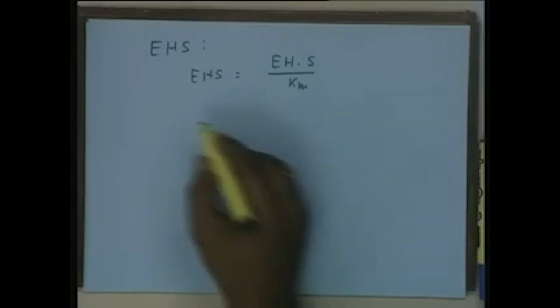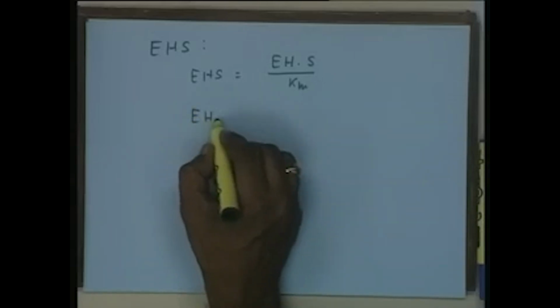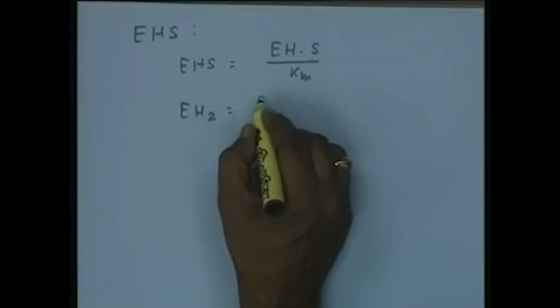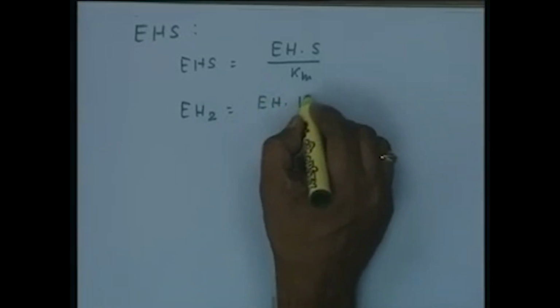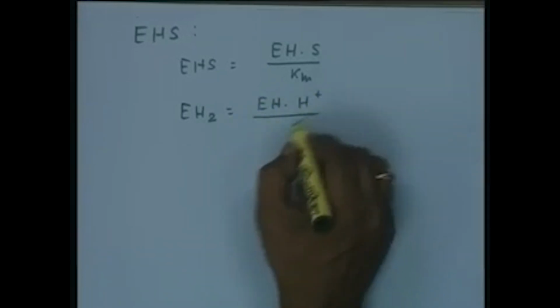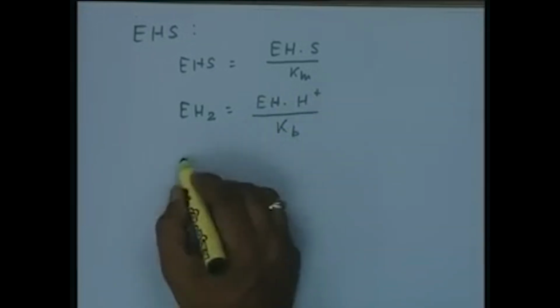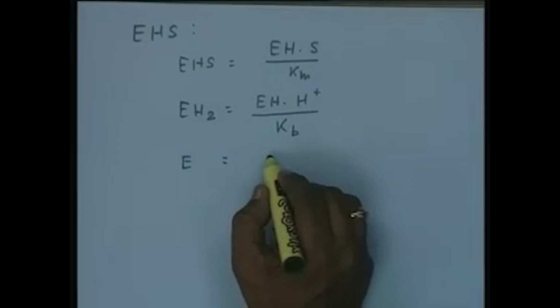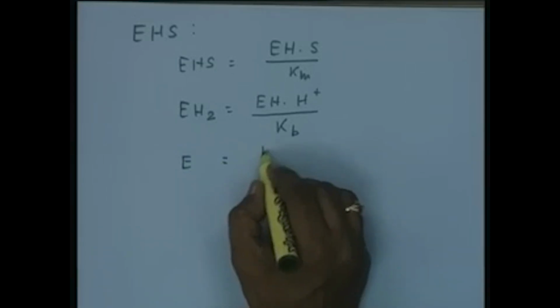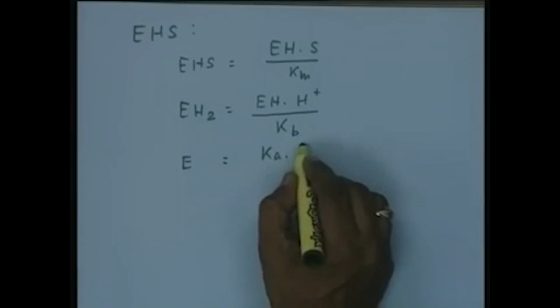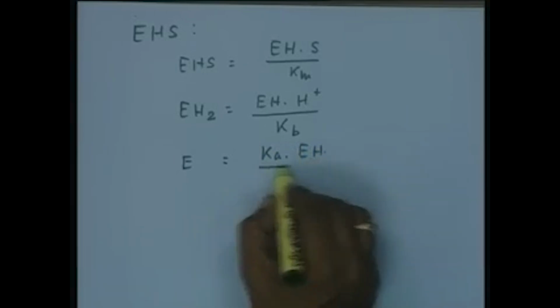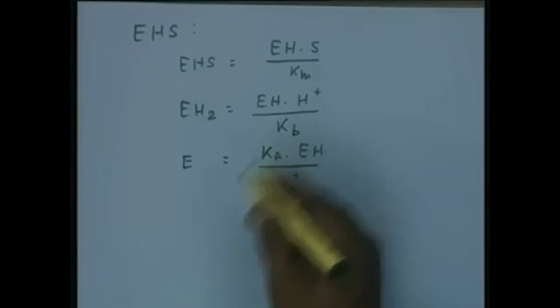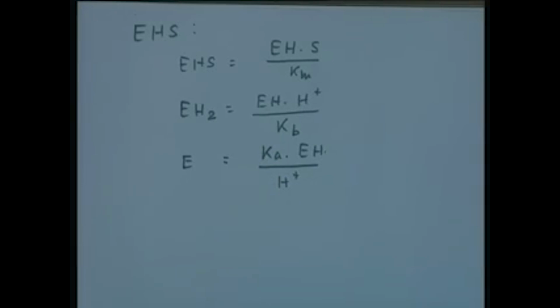Then similarly, EH2 will be your EH into H plus upon Kb, and E will be your Ka into EH upon H, just based on the equilibrium dissociation of the three species.